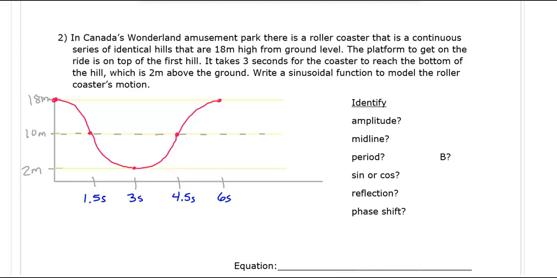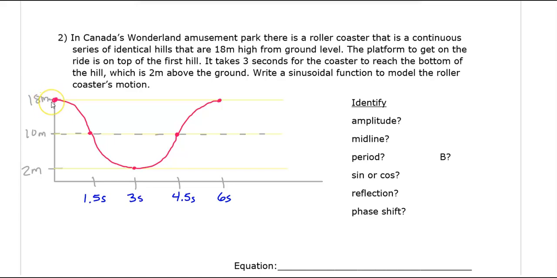Here's an image of exactly this. You can see right here, it tells us that the hills are 18 meters high from the ground level. So if we go from ground level here at 0, we go up to 18 meters. That's our peak of the hill here. The platform to get onto the ride is on top of the first hill. It takes 3 seconds for the roller coaster to reach the bottom of the hill.